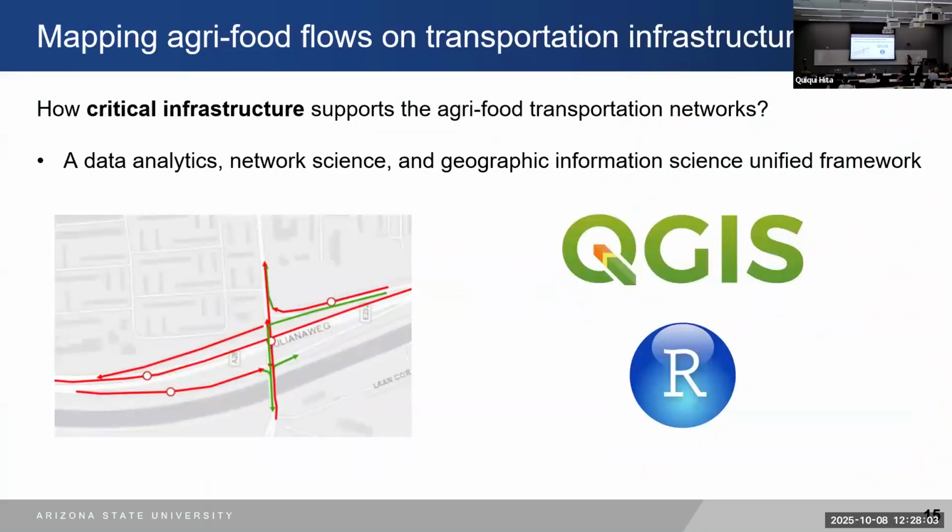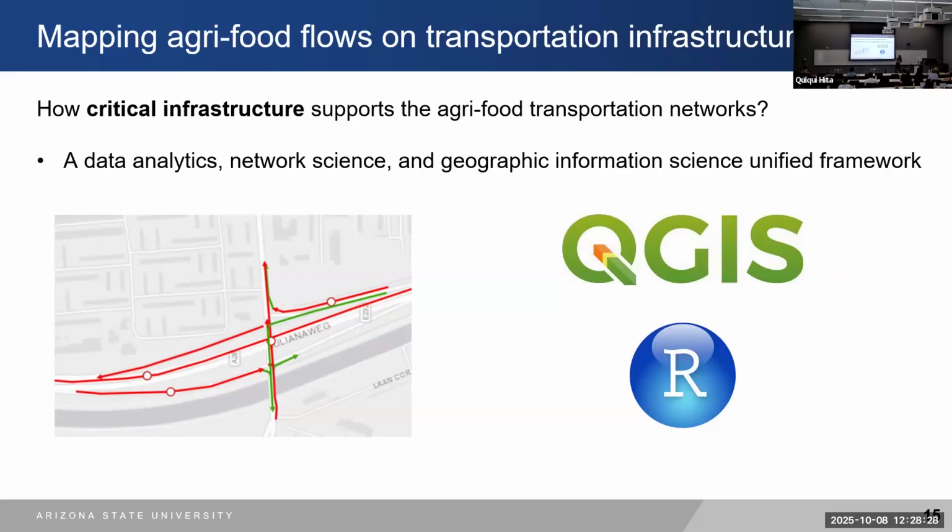So here we developed a unified framework of data science, network science, and geographic information science. We got the shapefiles of US highways, interstate and state highways, class 1 to 3 railways, and inland waterways, and we converted them into spatially located networks.